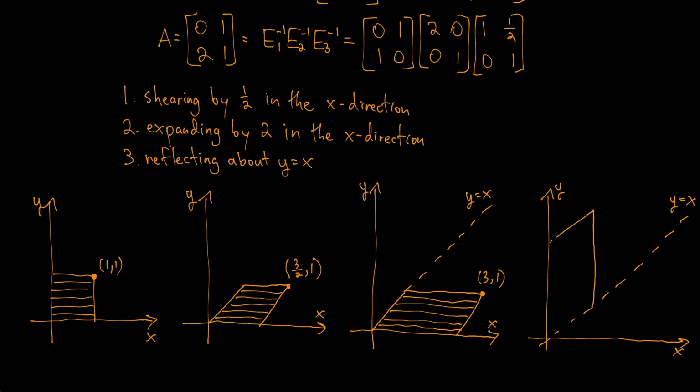So here's 1, 1. 0, 0 is the origin. This becomes 1, 3 instead of 3, 1. So this is 0, 2. And here's our final result, the effect on the unit square by this transformation.